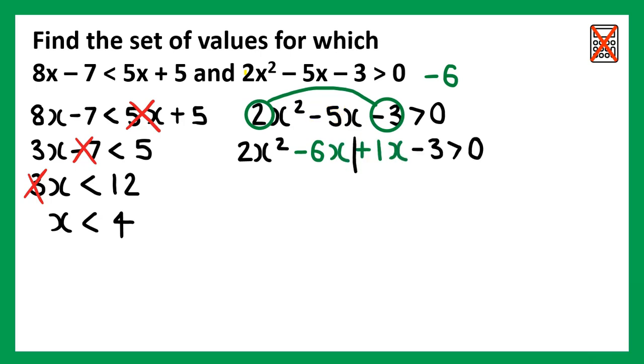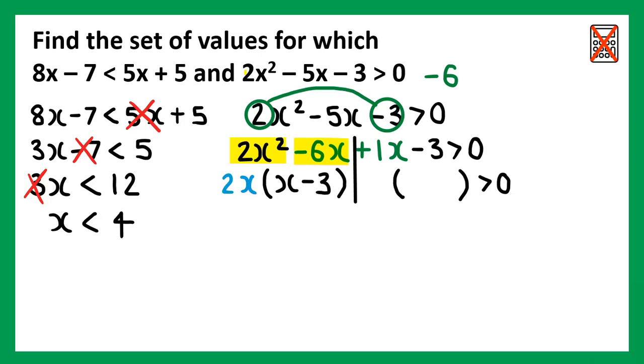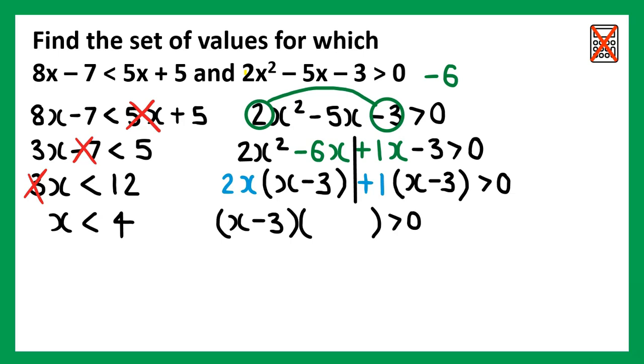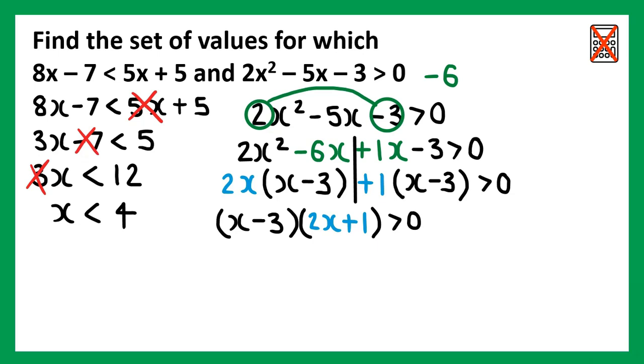Splitting the quadratic expression in half and factorising into two single brackets, I can take 2x as a factor from 2x squared and -6x, leaving me with x minus 3 inside the bracket. That means this will also be x minus 3, which means the factor must be 1, leaving me with my final double brackets of x minus 3 multiplied by 2x plus 1. Find the roots or the critical values. x would be equal to +3 and -1/2.